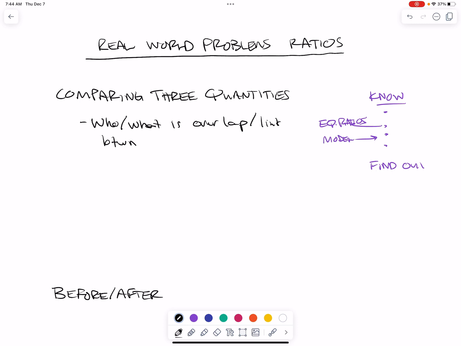Because often you'll get like A to B is this, B to C is something else, and we know that in here these two must be equal because they're both the same person or the same thing. So they must be equal. Once you identify who or what the overlap or the link is, then you can do some equivalent ratios, do some modeling, and then do some sort of calculating.